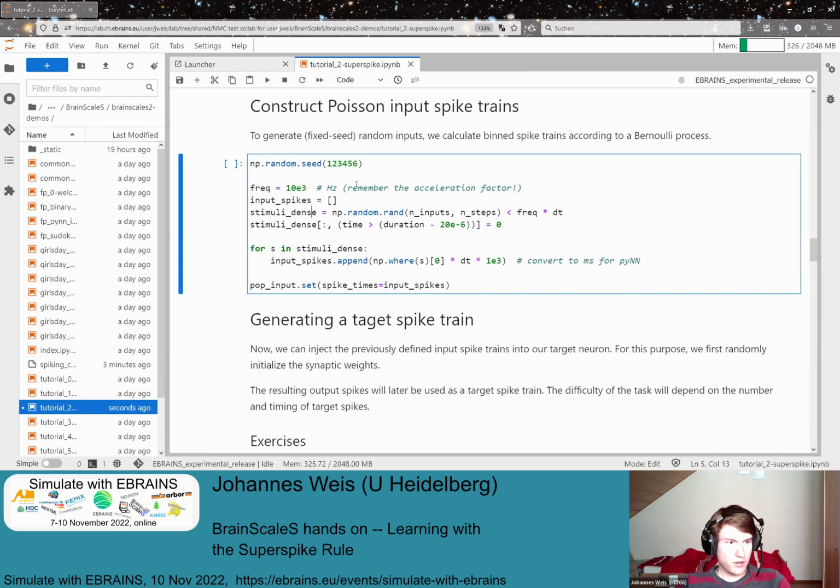Now we create arrays in the time bins that we just had. We just draw random numbers, and if the random number is suitable, there's a spike, and if not, there is not. That basically creates a dense Boolean array of spike times.